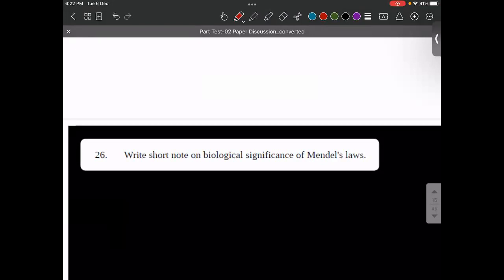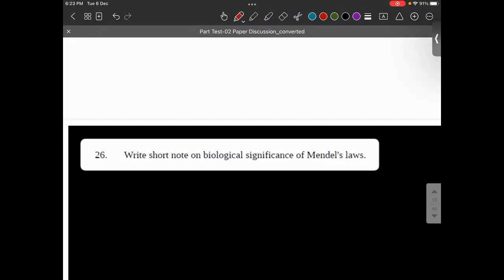That's one point I wrote. Then one more point I wrote. It tells us how variation takes place and is brought about in the offspring. Okay, very good, very good.